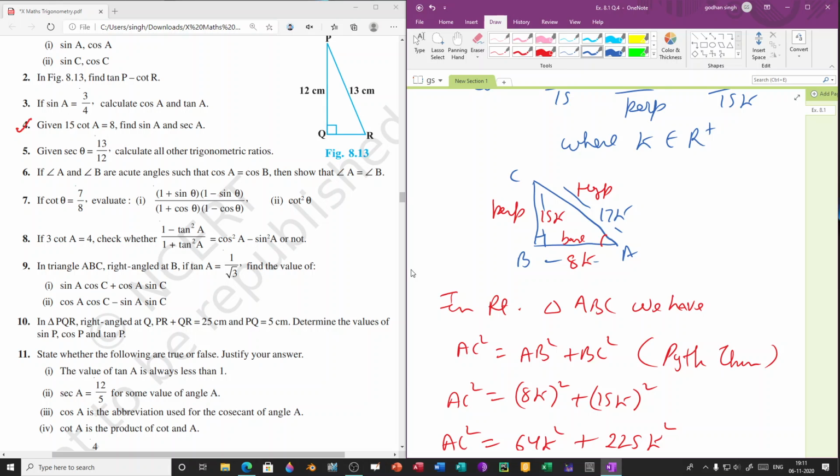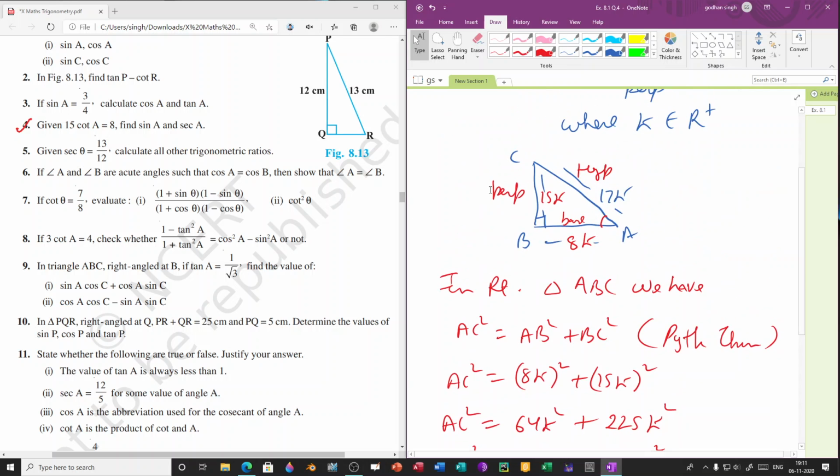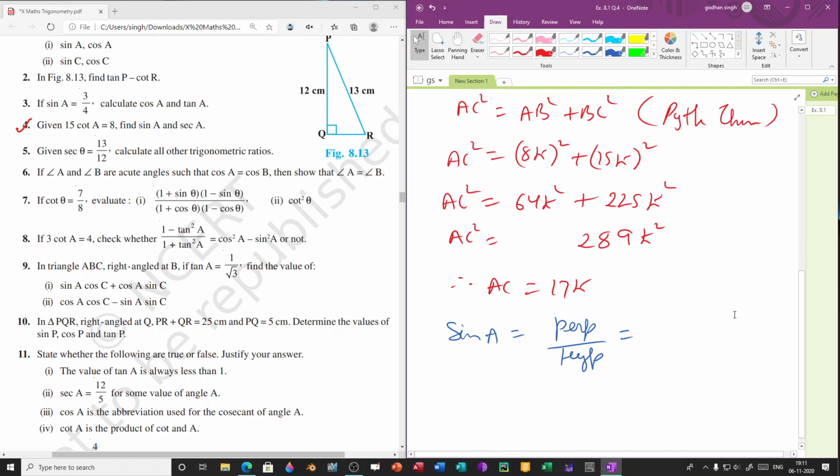So we have to find the value of sin A and sec A, and we know by definition how sin A is defined. Sin A is defined as the ratio of perpendicular over hypotenuse. So equal to, now what is our perpendicular? Perpendicular is the side opposite to the concerned angle. So in our case it is 15k, or we can say BC, equal to BC over, what is the hypotenuse?